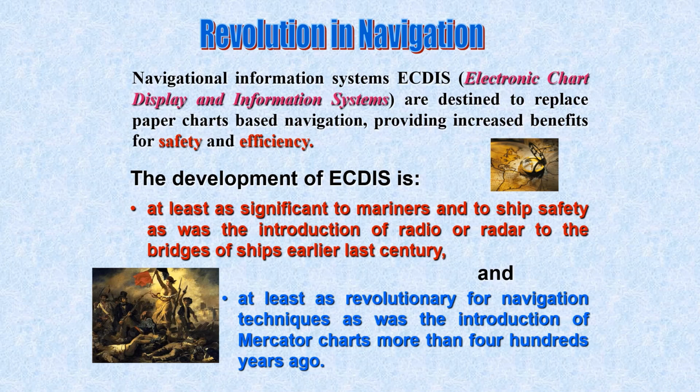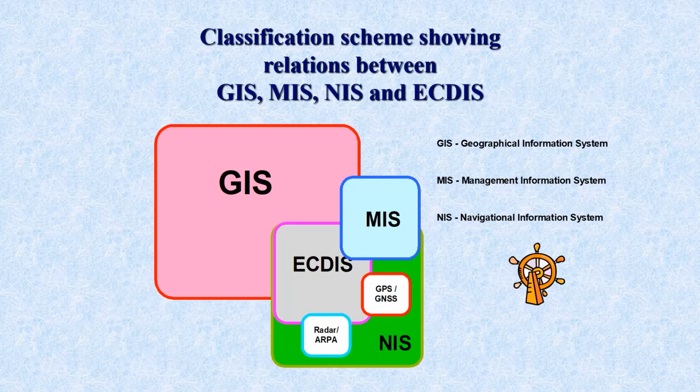Now, one of the forms of marine application of GIS is the Electronic Chart Display and Information System, which is the ECDIS. But this system is part of the management information system and the navigational information system, known as the INS or the IBS. ECDIS is not the most integrated system on the navigational bridge.